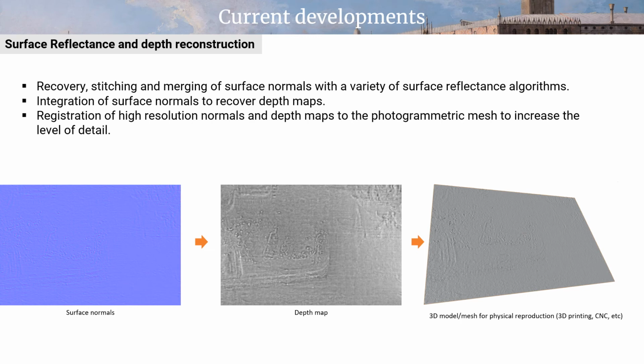We're also working on the integration of the surface normals to recover depth maps so we can then use them for physical reproduction with 3D manufacturing methods. That would be 3D printing or CNC machining. And also working on the registration of the high resolution normals and depth maps to the photogrammetric mesh to increase the level of detail.